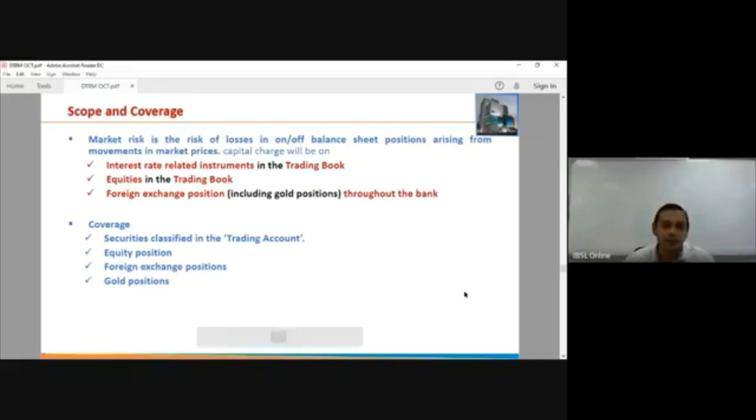So all your interest related instruments in the banking book, equity instruments in the banking book, and the capital charge for those investments come under Pillar 2, not under Pillar 1, right? So under Pillar 1, we compute only the trading book in the case of interest rate and equity risk.